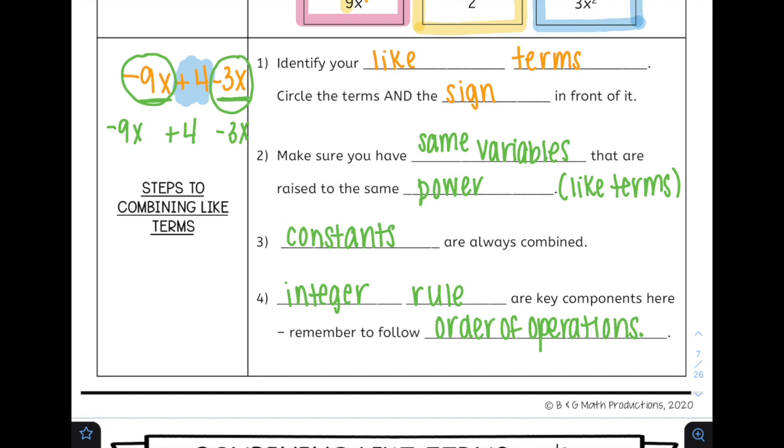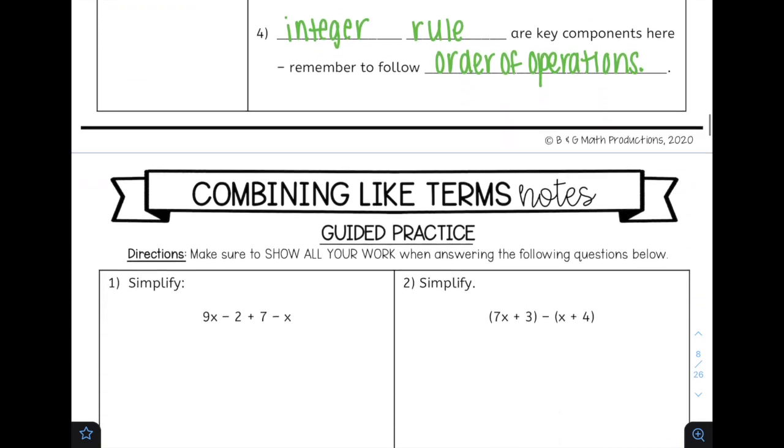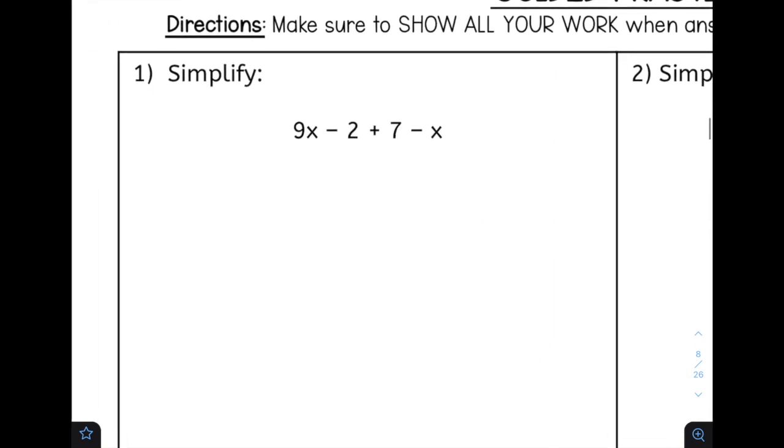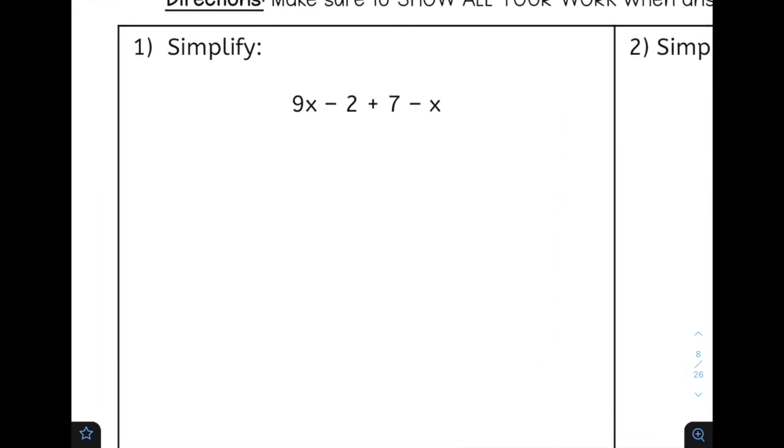Okay, let's try the first problem. As we said before, the question is asking you to simplify. So the first step, I want to make sure I'm highlighting or circling the term and the sign if they're like terms. So I know I have my x and I have constants. So I have 9x and negative x.